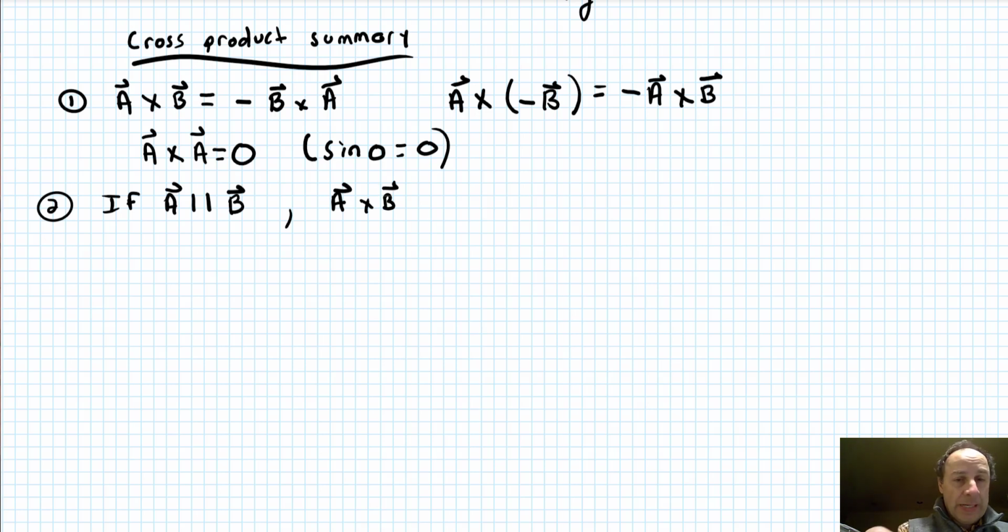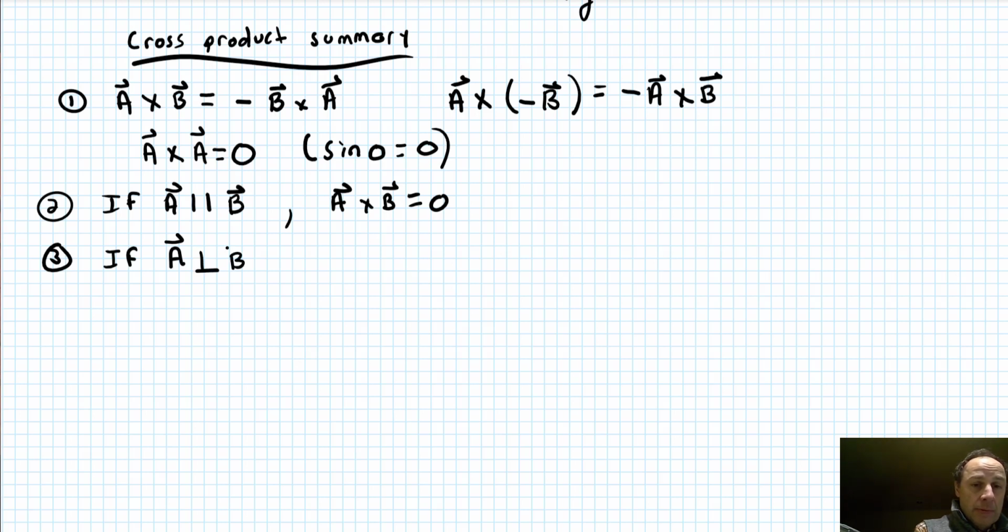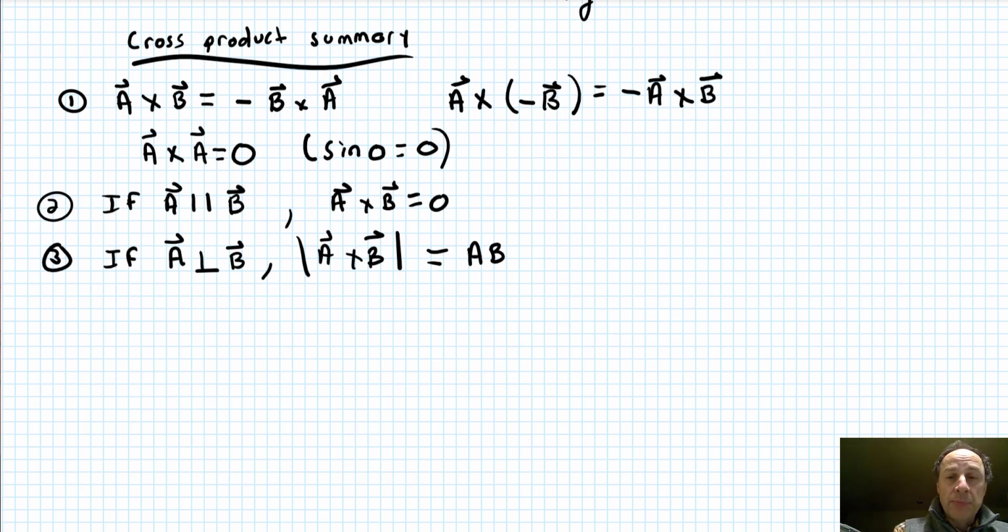That's kind of what we said in number 1, but it's good to be explicit. Number 3, if A is perpendicular to B, then A cross B, at least the absolute value, the magnitude of A cross B is going to equal the full magnitude of A times B, because sine of 90 equals 1.